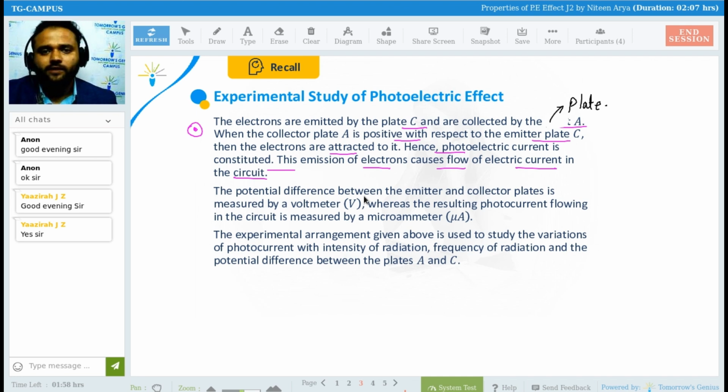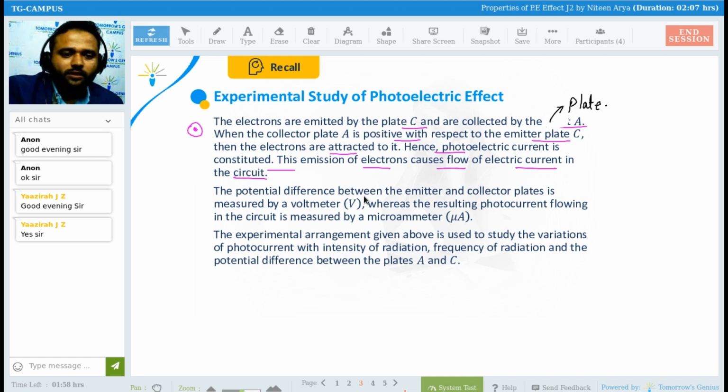So whenever there is a flow of charged particles, we know the flow is basically known as, what is it known as? It is known as current. So here the current is generated due to the photoelectrons, or you can say photo emitted electrons. Okay, so that is why it is known as photoelectric current. Is this clear, everyone? Is this clear now with everyone what I'm saying?